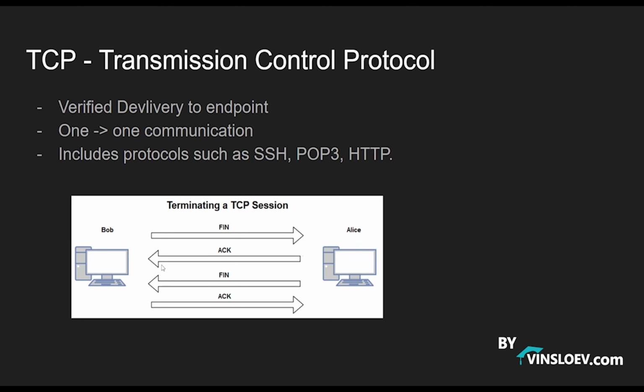That is where TCP differentiates itself from UDP, because every time a package is sent, the receiving party acknowledges the sending request, and then the flow continues where we send something and get an acknowledgement back. This TCP protocol is used within, for example, POP3 and HTTP. So these are some protocols that use the TCP protocol to work online.